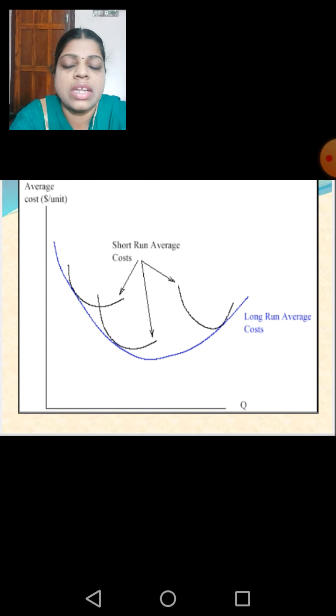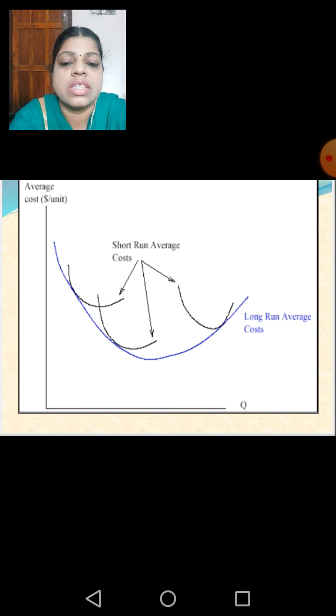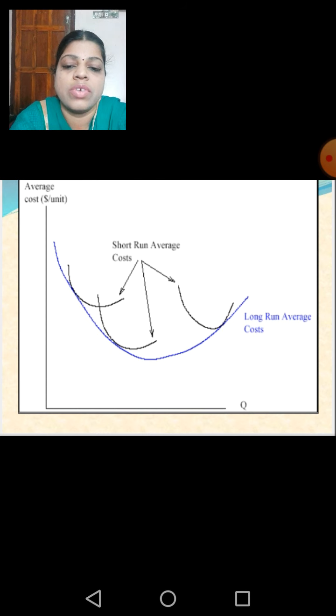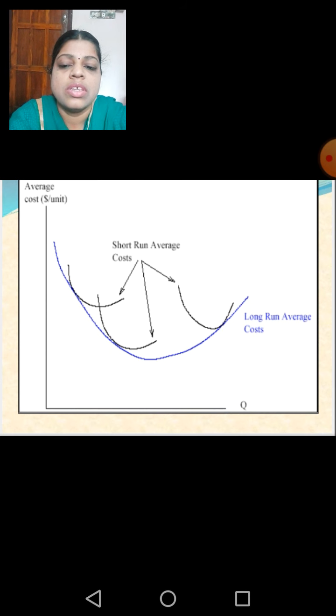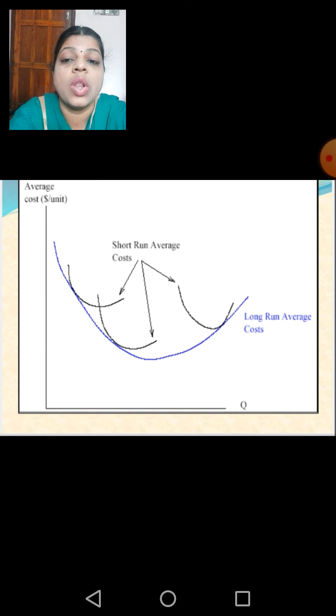That is tangent to which curve? Yes, the long run average cost. So the locus of all these points joined together, if we draw such a curve, is known as the long run average cost curve.